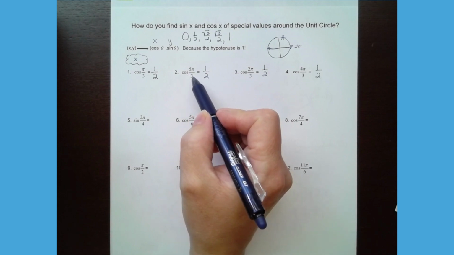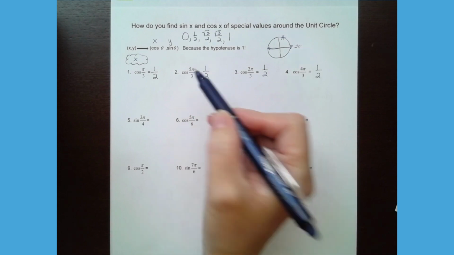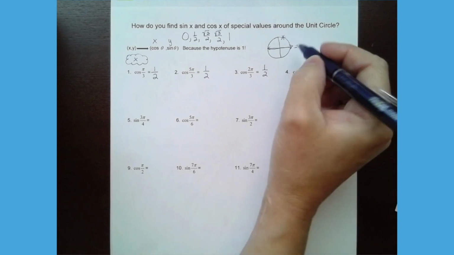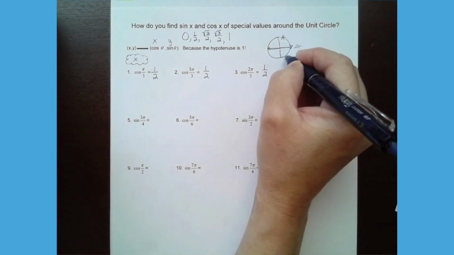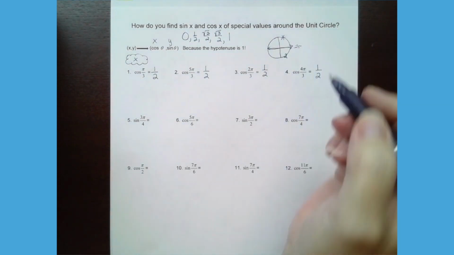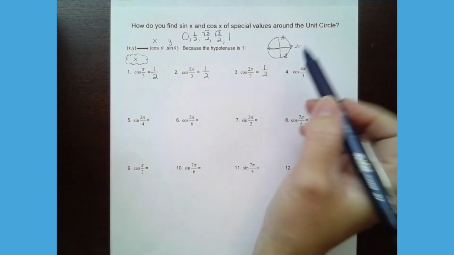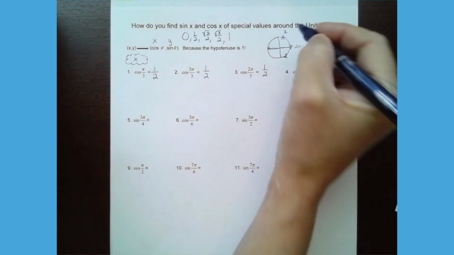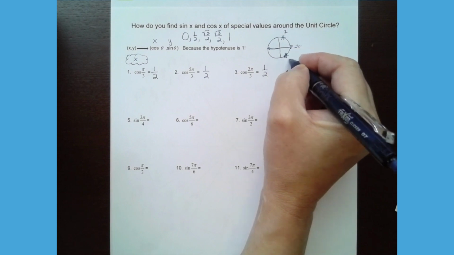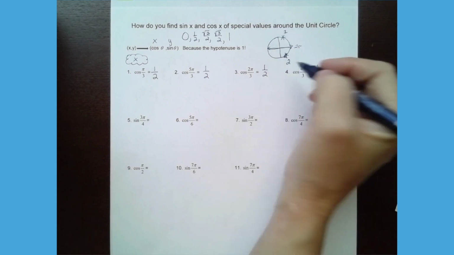So 3 times 2 is 6, minus 1 is 5. So 5 pi thirds, I'm going to write number 2 right there. This is number 1, and I'll put a 2 right there. That's where number 2 is located.